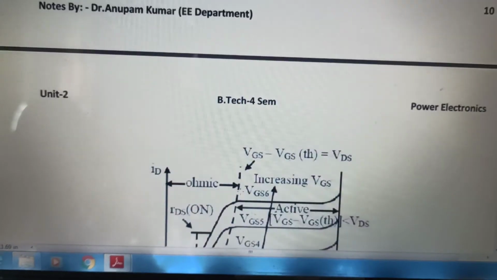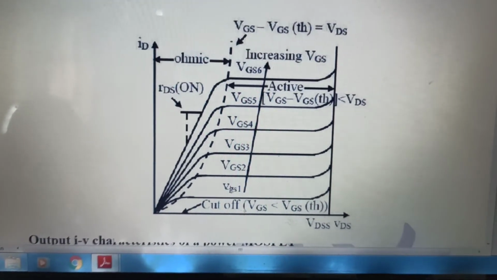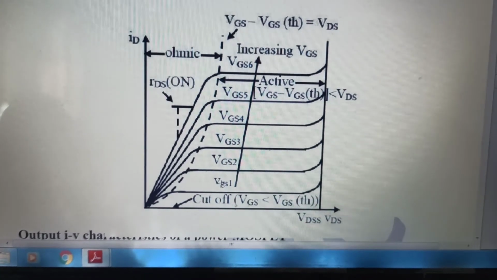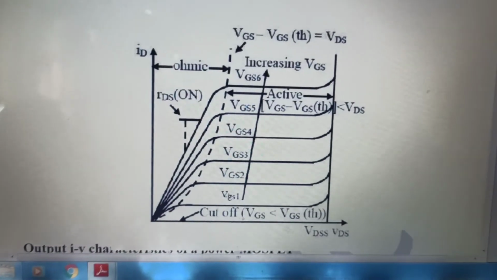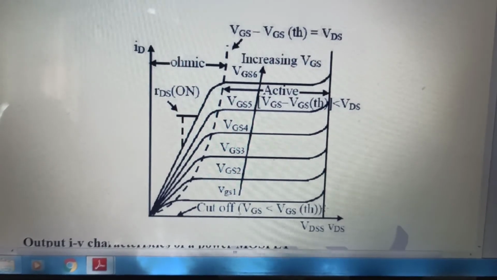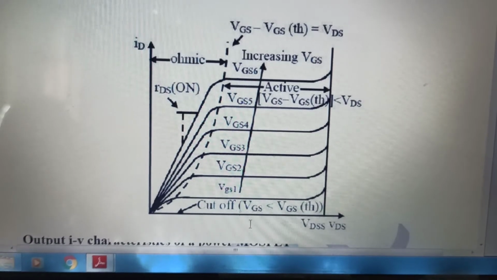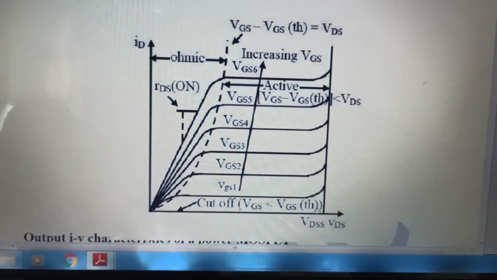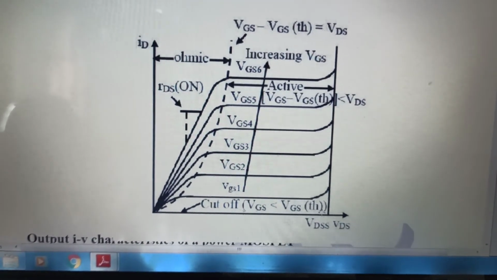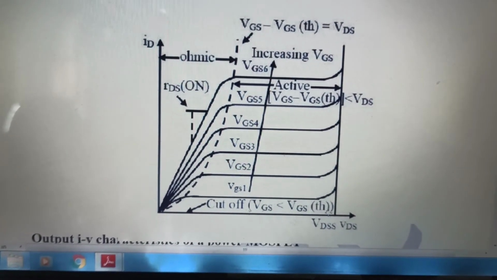We can easily observe that when the gate source voltage is less than the threshold voltage, the MOSFET remains in the cutoff region, whatever the VDS, and it will not conduct.